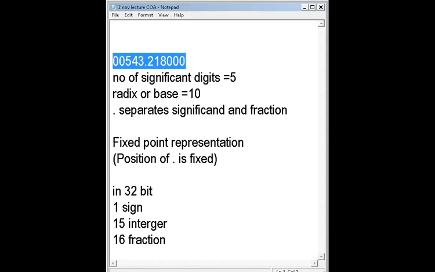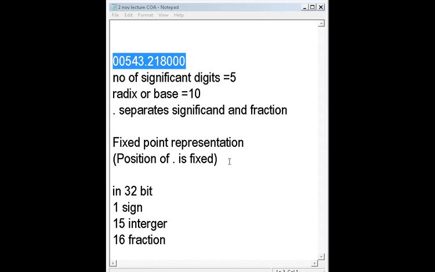Now what is fixed point representation? Fixed point representation means the position of the point that separates the significant and fraction is fixed, right? Whereas in floating point, you can have any number of significant digits as per your choice or requirement for the computation.